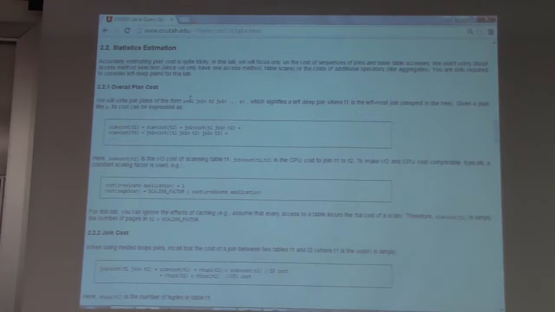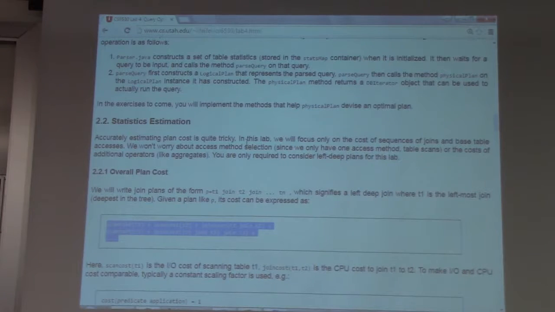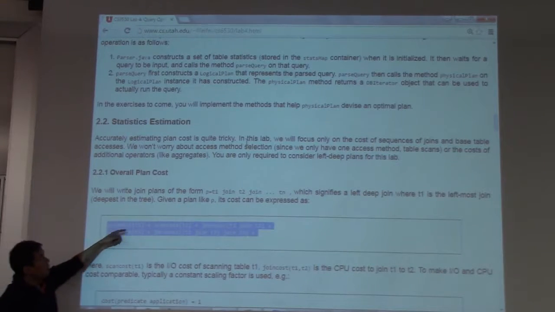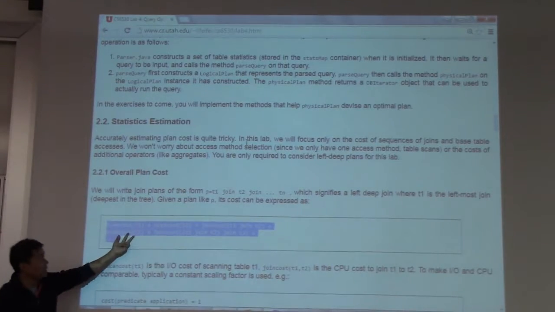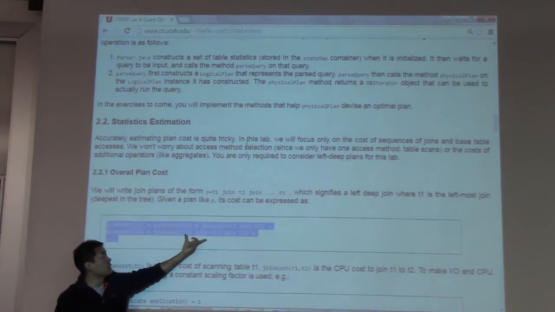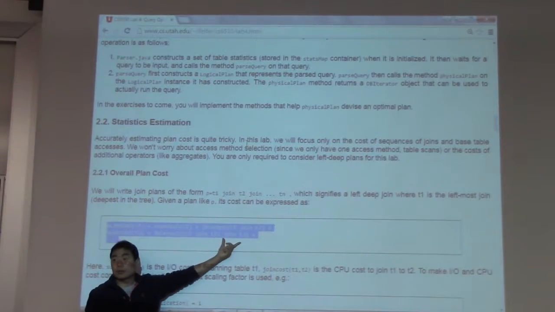For example, if your join is a sequence of joins, T1 join T2 join and so on, join Tn, and you are going to use a left deep tree plan with the order that's given, the cost is simply this: scan table T1, scan table T2, the join cost between T1 and T2, plus scan T3, and the join cost of T1 join T2 then join with T3.